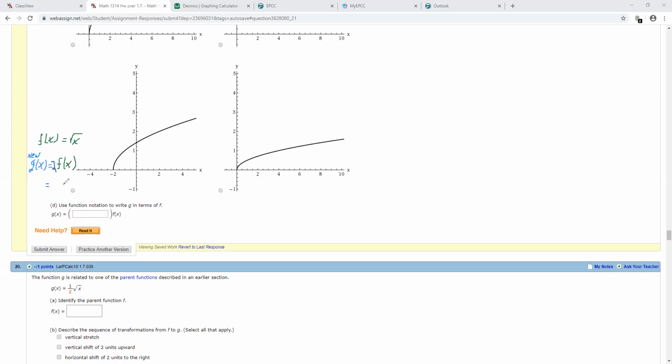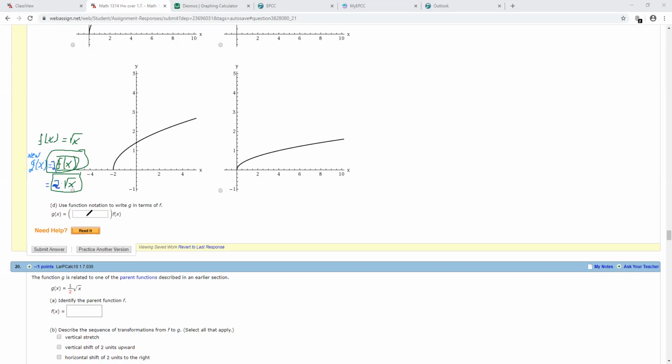And that's the same thing as saying 2 times the square root of x. Good. Instead of this green f of x, we could just replace it with this. So this right here is the same as this right here. It's just one less step, and it looks kind of abstract at first, but I hope that is okay.